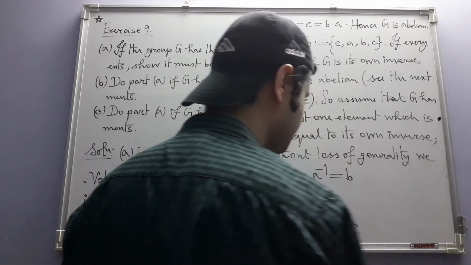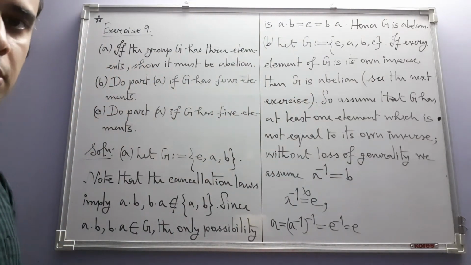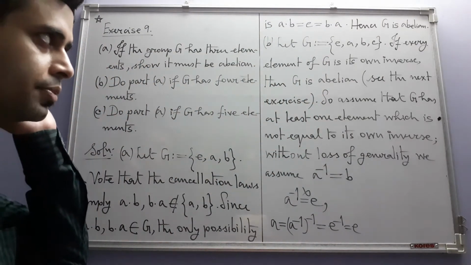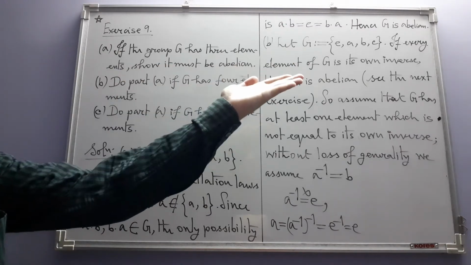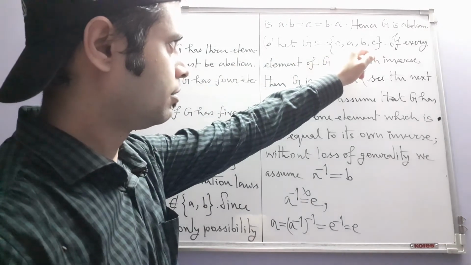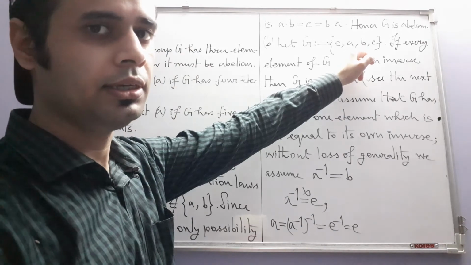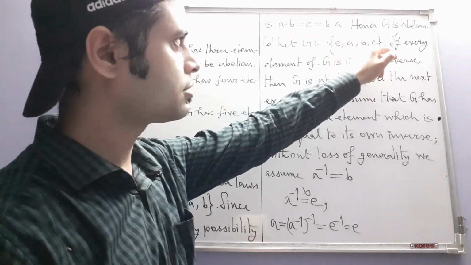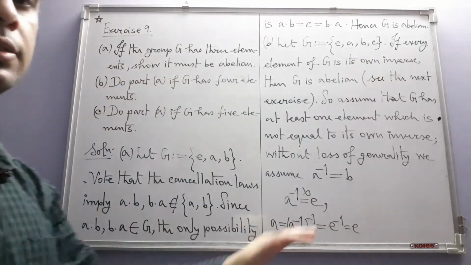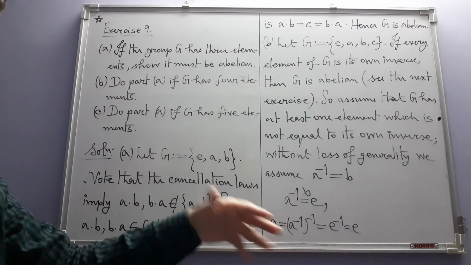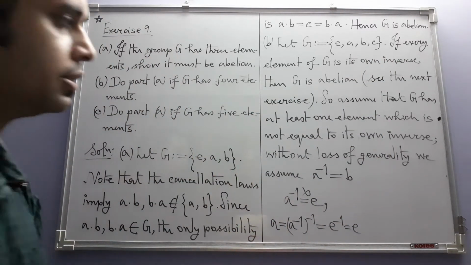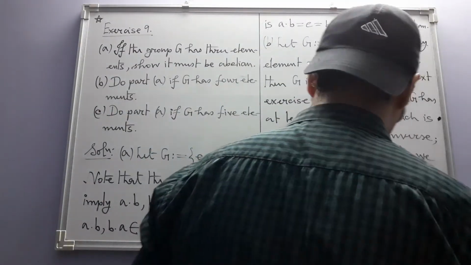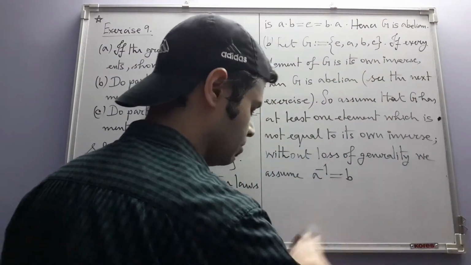So without loss of generality, again we assume it to be equal to B. We can take it to be C also, but this is a special element. E has a special status in the group. The others are somewhat equal in status. They are just some elements which are not equal to the identity. Okay.